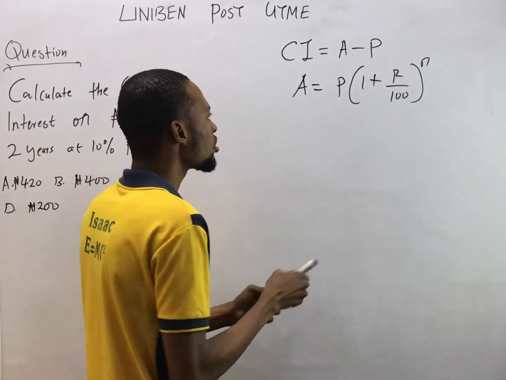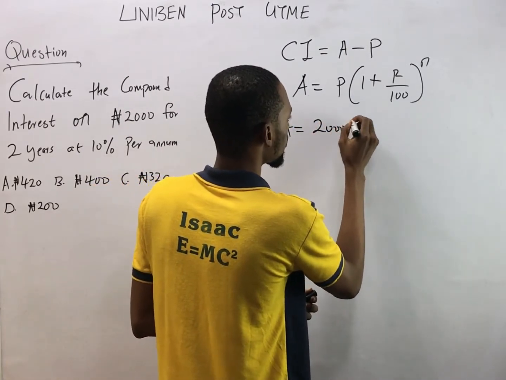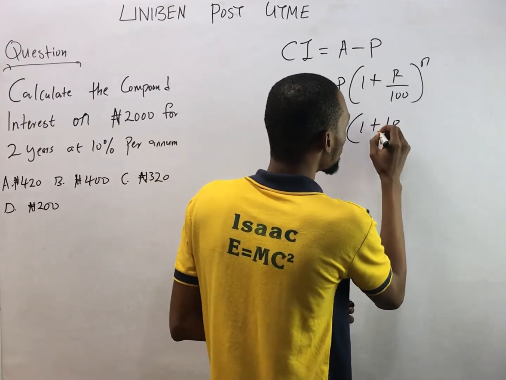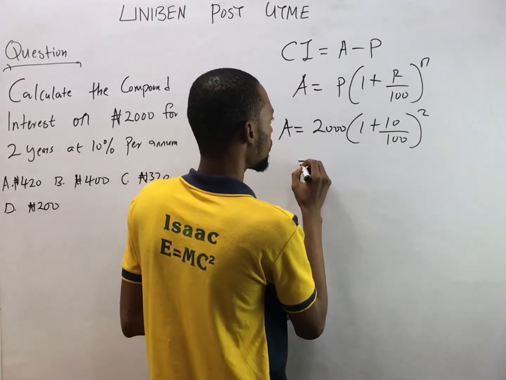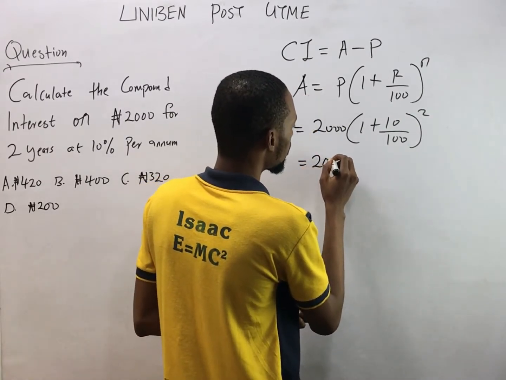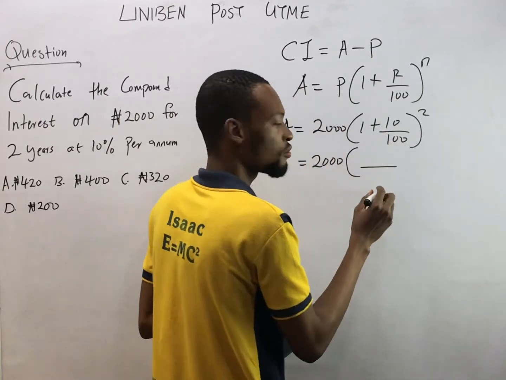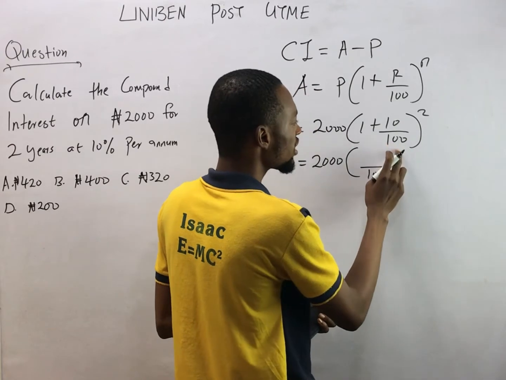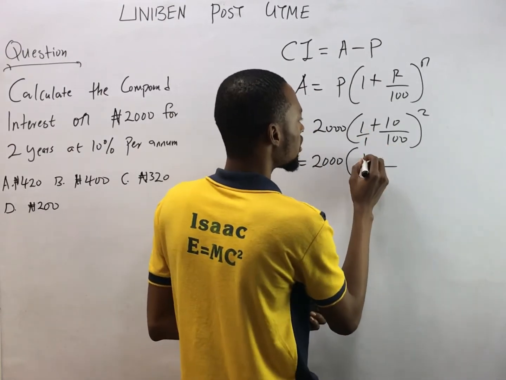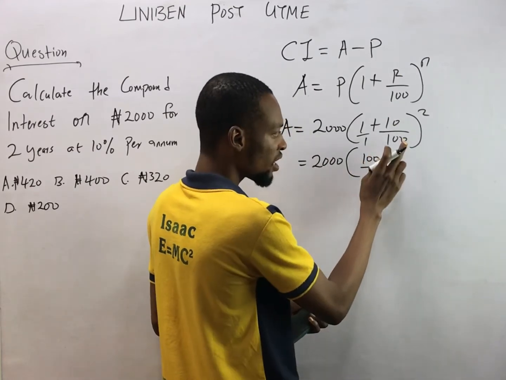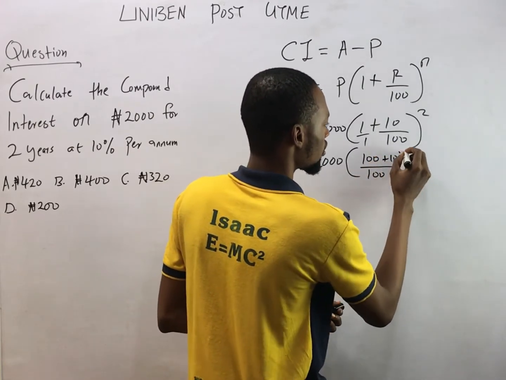So to calculate, amount will be equal to 2,000 times 1 plus 10 over 100 raised to the power of 2. This is the same thing as 2,000. You look for the LCM, which is 100. 100 divided by 1 is 100 times 1. 100 divided by 100 is 1. 1 times 10 is 10, plus 10, squared.